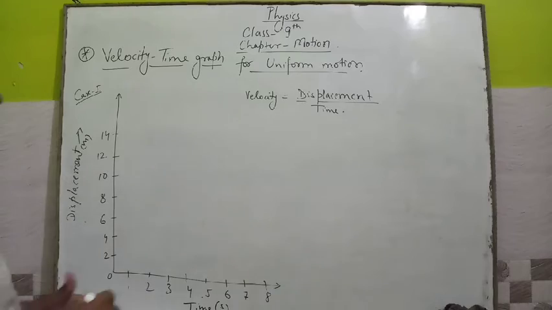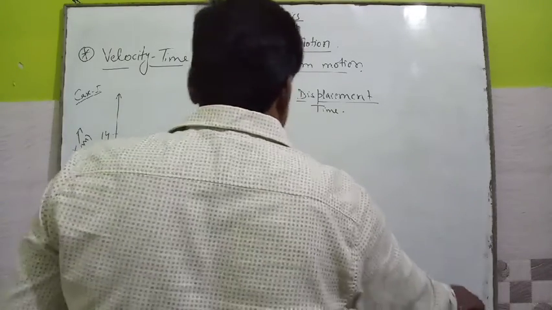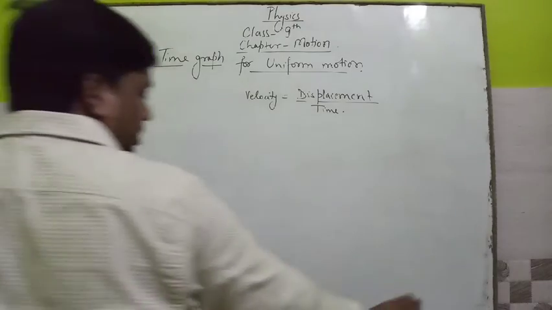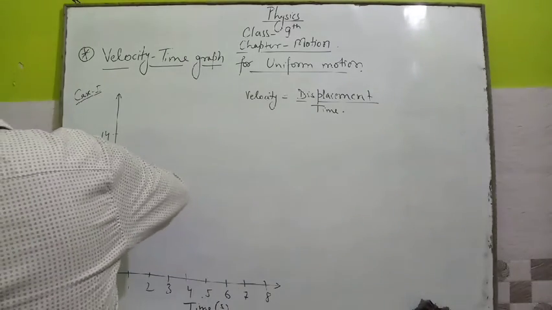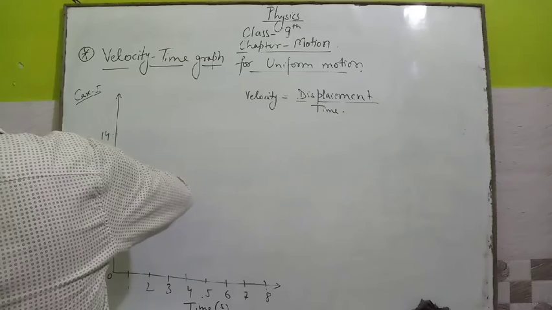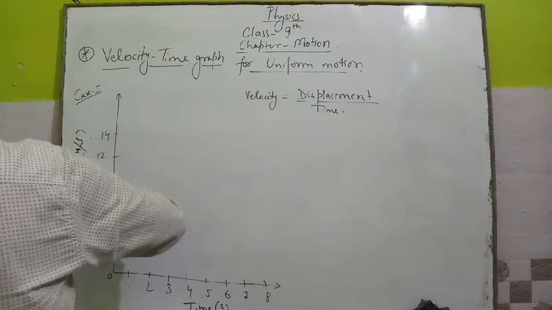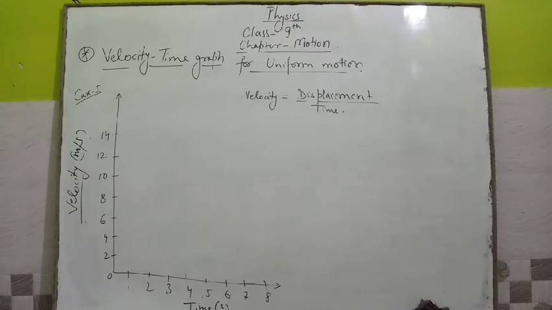Sorry, not displacement. This time, this is a velocity-time graph. So this represents velocity in meter per second. Clear? This axis represents velocity and this represents time.